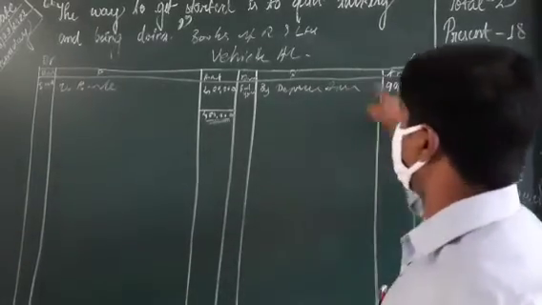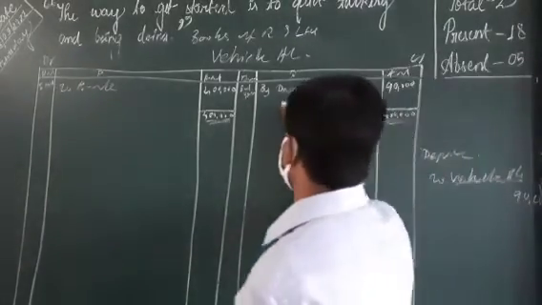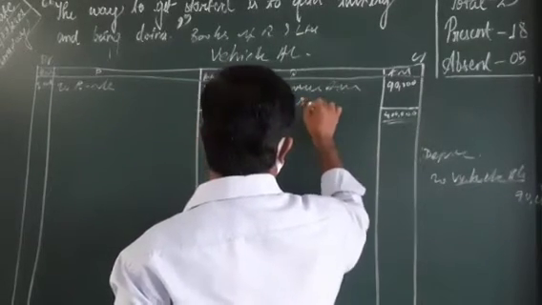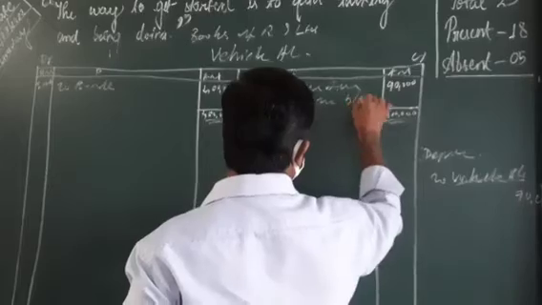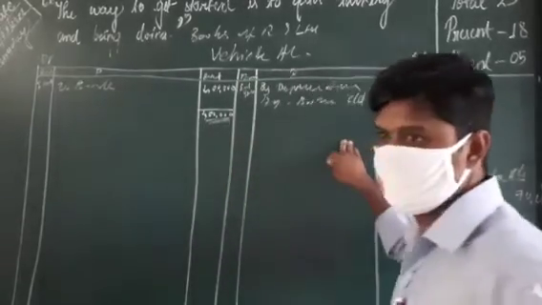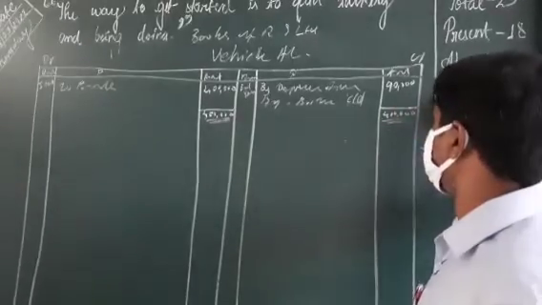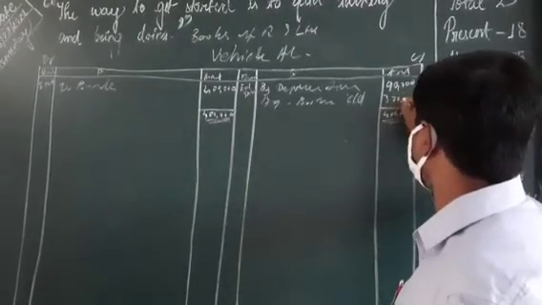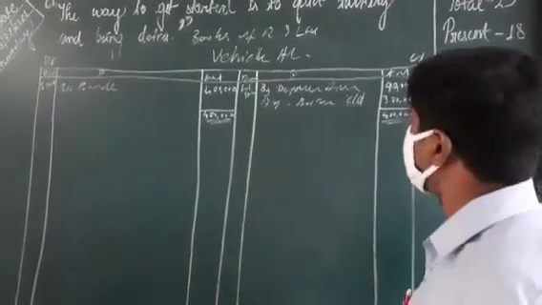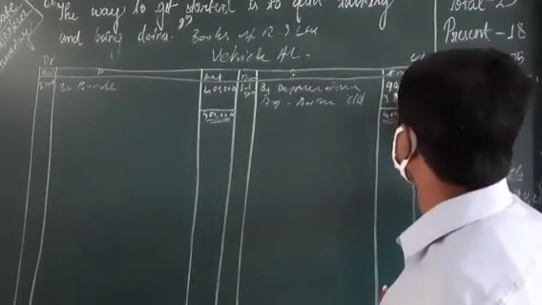And the difference we mention as by balance c/d, carried down. How much is that? 10,000.